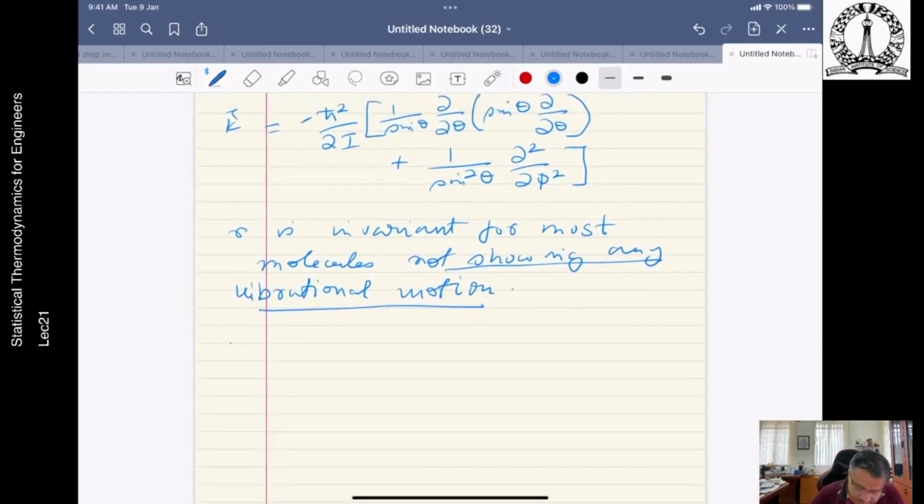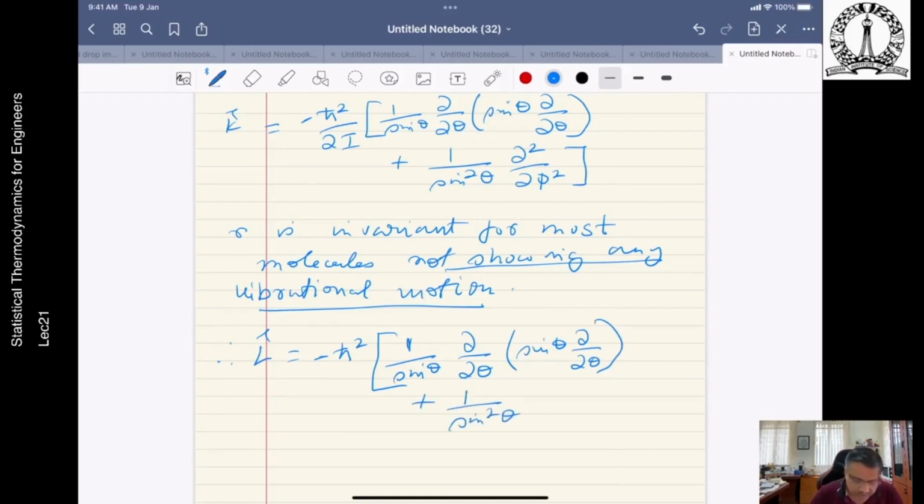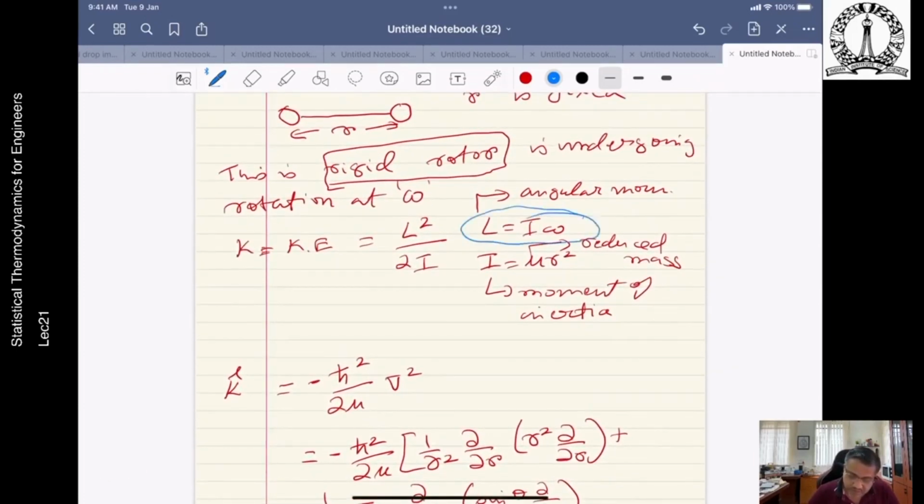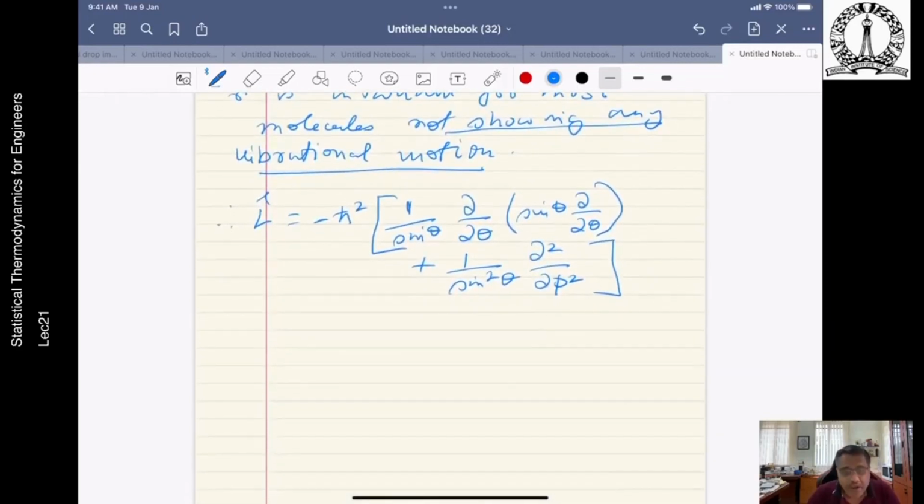Therefore, this operator L hat squared is equal to minus h bar squared times 1 over sin theta d by d theta of sin theta d by d theta, plus 1 over sin squared theta d squared by d phi squared. Remember, L was I omega, so this is the quantum mechanical operator for L. Now we apply it to the spherical harmonics.